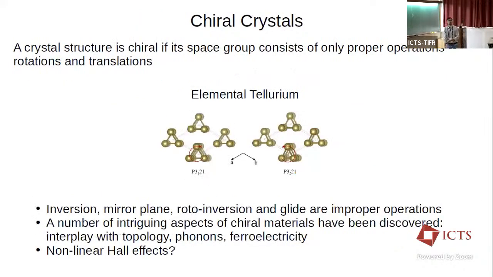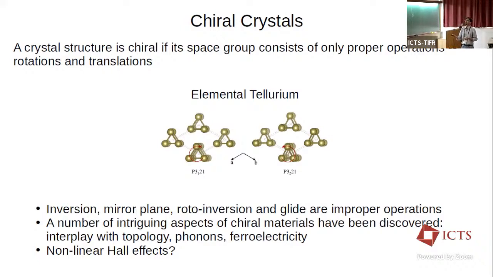So what about chiral crystals? It can be shown using very sophisticated group theory arguments that a crystal structure will be chiral if the space group consists only of what are called proper operations. These include rotations and translations, okay? Only rotations and translations are proper operations. All other symmetry operations are improper operations.